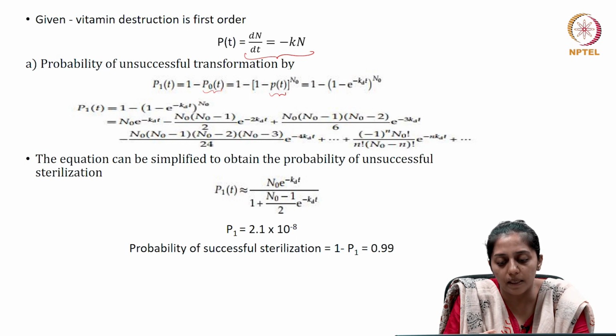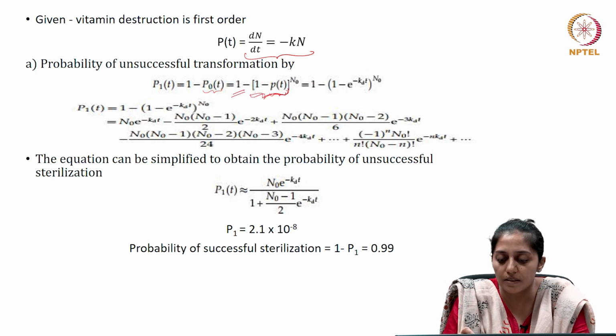So the probability would be 1 minus pt to the power of n naught. So the probability of successful sterilization would be 1 minus pt to the power of n naught, and the probability of unsuccessful sterilization therefore will be 1 minus the probability of successful sterilization.